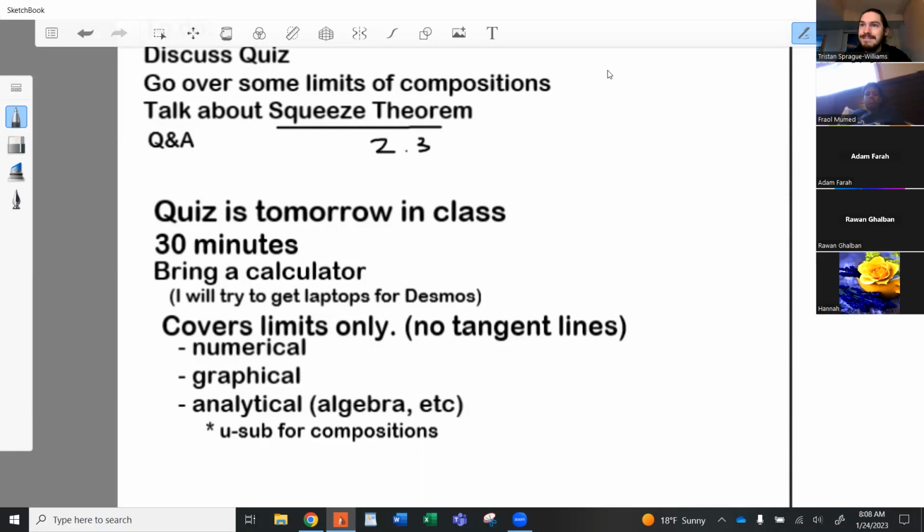I have a question on the difference between solving a limit numerically versus solving it algebraically. Do you want me to just explain the difference between those? Yes. So solving a limit numerically is where you are building a table of values and plugging in numbers that are getting closer and closer to whatever x is approaching. So if x is approaching 5, you do 4.9, 4.99, 4.999.